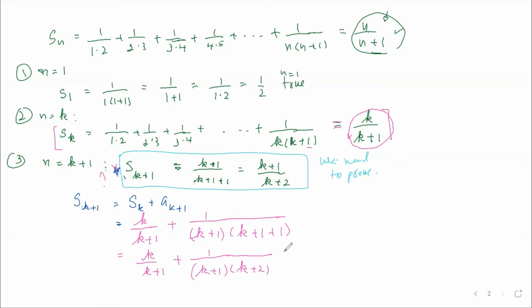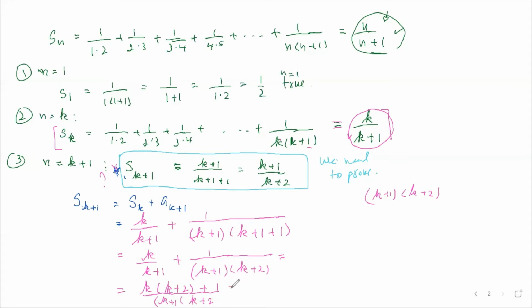The LCM should be k plus 1 times k plus 2, so we multiply every term on the right hand side by the LCM. Simplify it, so k plus 1 cancels. We are left with the top being k plus 2, and then plus 1, because it's already the LCM, over k plus 1 times k plus 2.